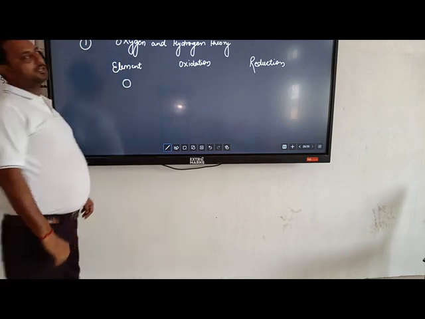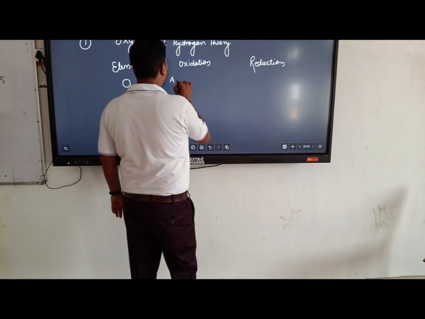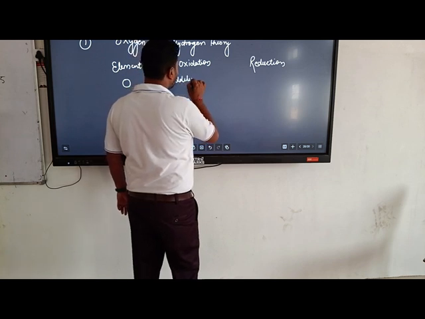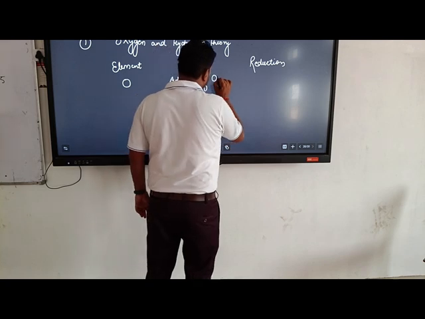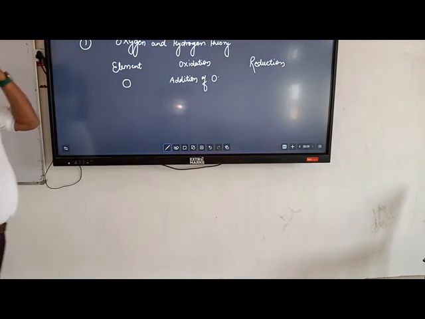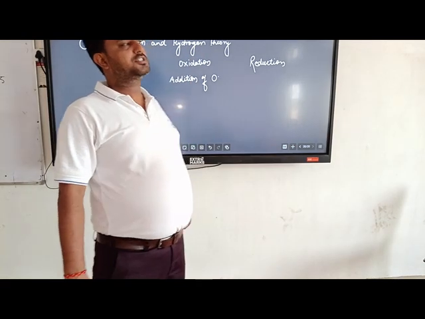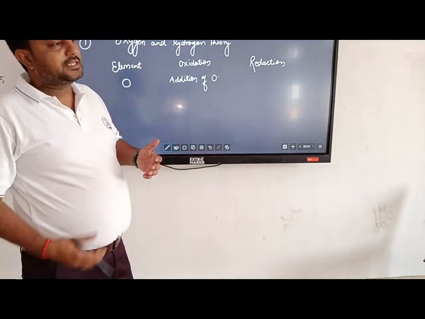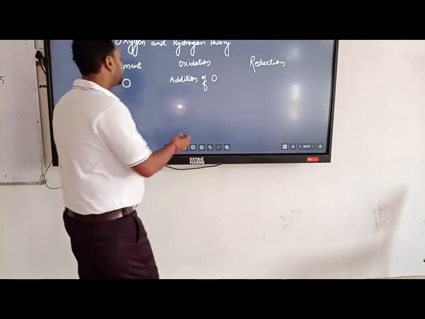According to the oxygen concept, addition of oxygen on any element or compound is oxidation. Means whenever oxygen is added to any element or compound, oxidation of that particular element or compound has taken place.